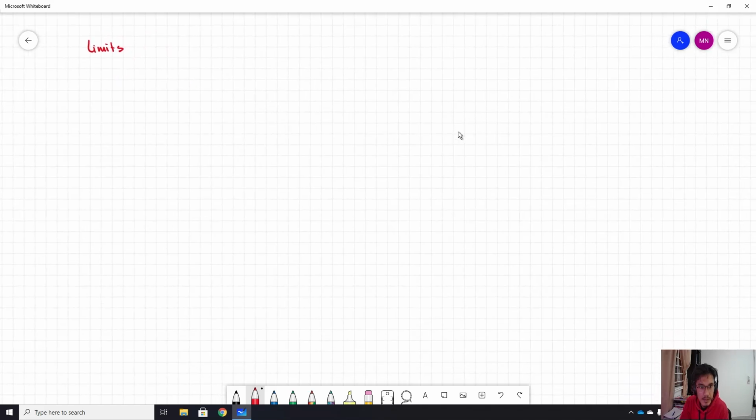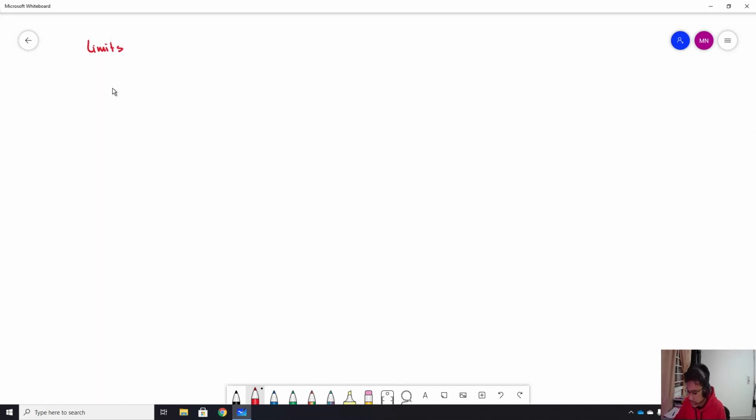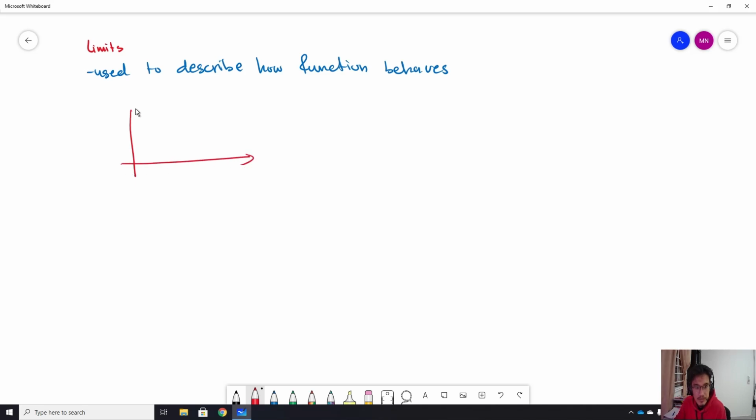Okay, so limits is basically used to describe how a function behaves. Let's say we have a function, a graph like this.